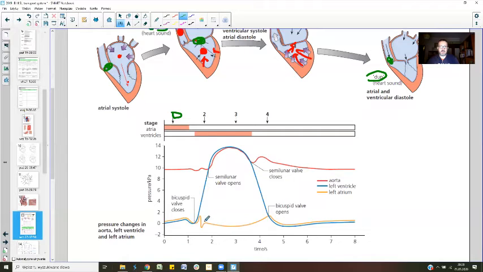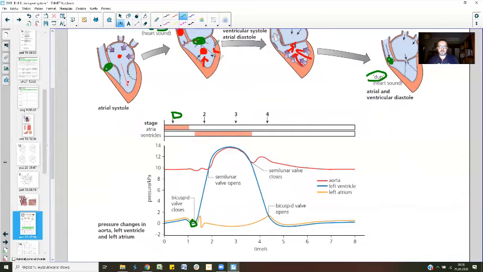And the atrioventricular valve is open. When the ventricle starts contracting, the blood pressure in the ventricle exceeds the blood pressure in the atrium. That's why this place where blood pressure in the ventricle is higher than atrial blood pressure is the moment in which the bicuspid valve closes.